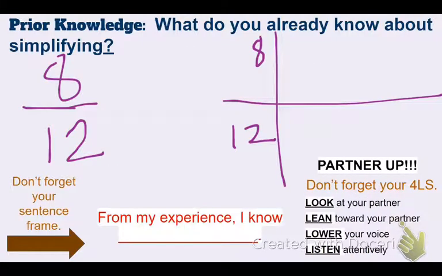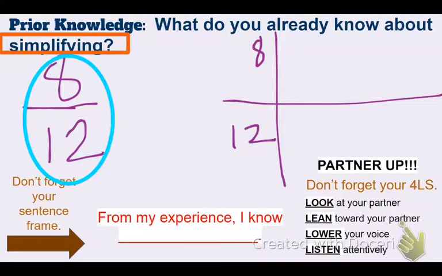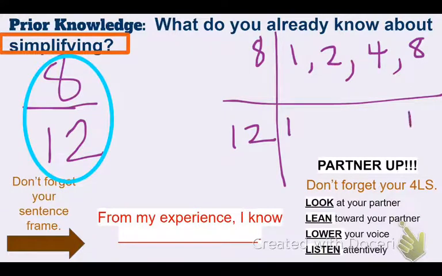All right, what do you remember or what do you already know about simplifying fractions? Because that's going to help you today. If we were given the fraction 8/12, or 8 pieces out of 12, can we simplify that fraction? Yeah. We can go ahead and list the factors of 8, all the numbers that we can multiply to get that product of 8. We can list the factors of 12.